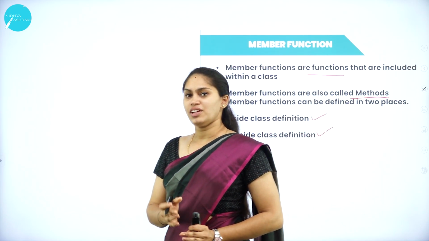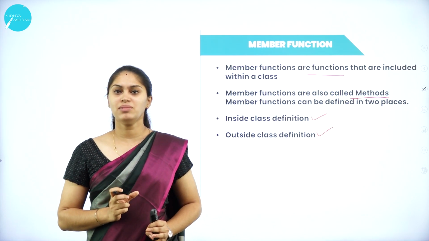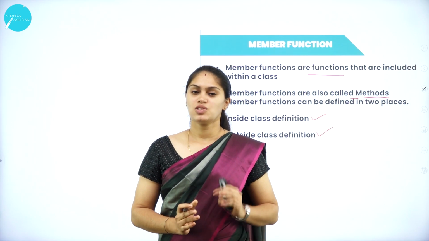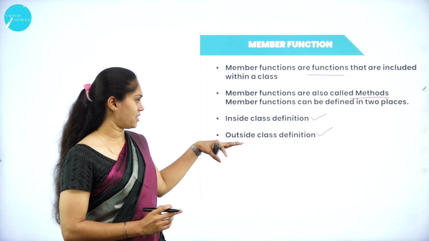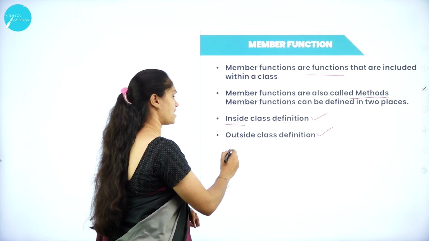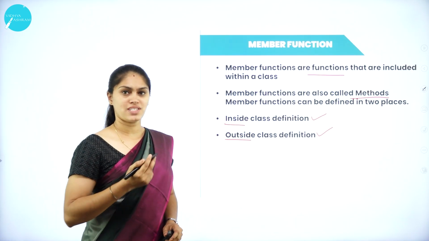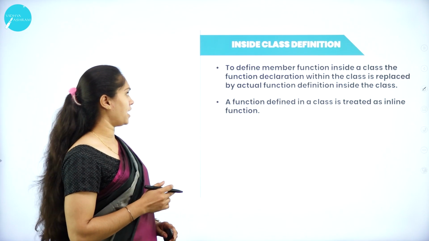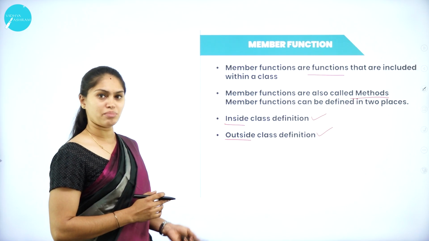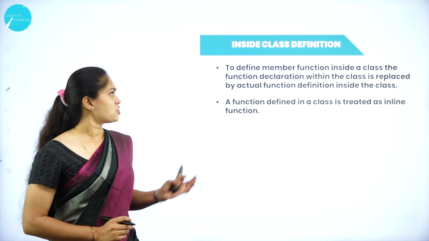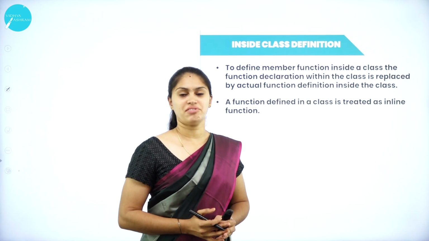The class definition comprises the class name followed by the data members and member function. So with the help of these two places, I can define the member function either inside the class definition or even outside the class definition. We'll see how to define this member function inside the class as well as outside the class. So coming to the inside class definition.